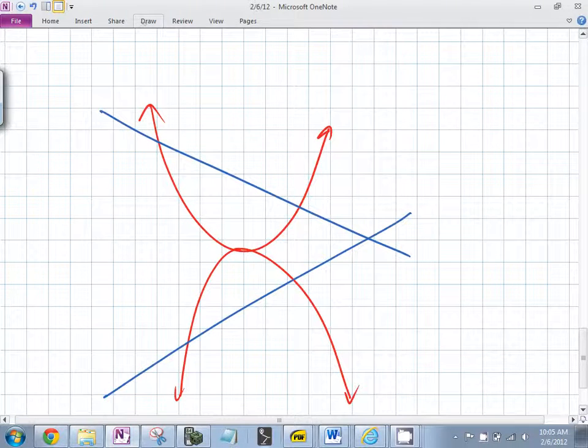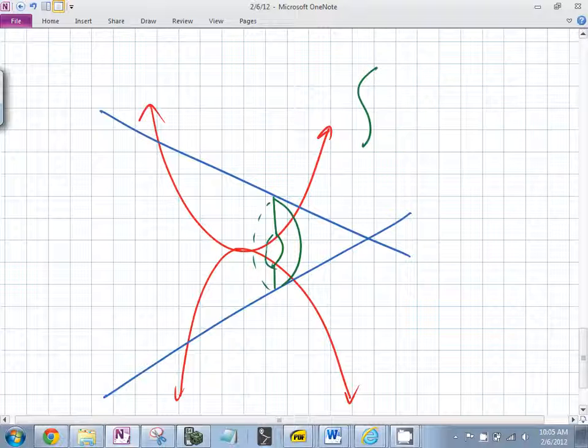You could use washers. If you use washers on this, how many integrals do you need? You just need one integral because you can scan all the way from the left to the right. In this case, are you integrating with respect to x or y? X, and you're going from negative 3/2 all the way to 1, right? Remember, it's pi times the big R squared. Is this dx or dy?